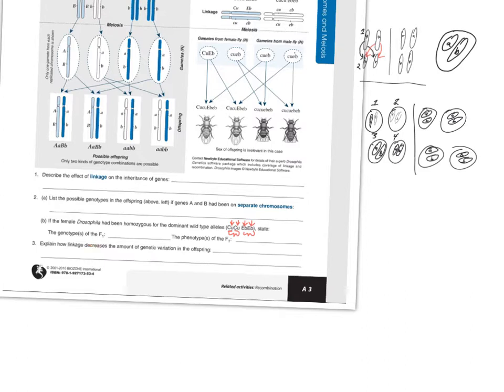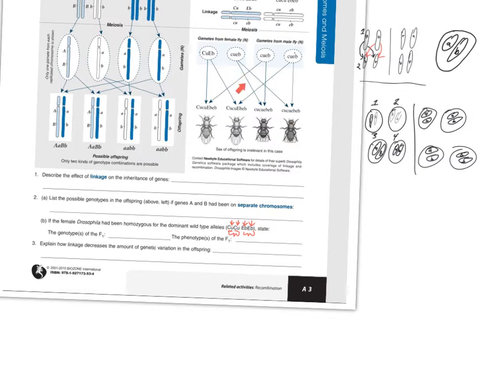So if this female, instead of having these recessive traits, little c, little e, had big C, big E, then what would that do to the genotypes of the F1? This is F1, right, the first group.